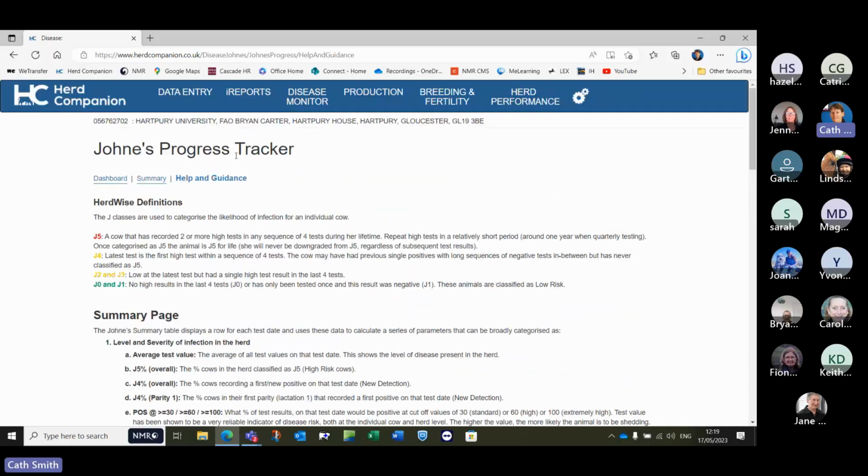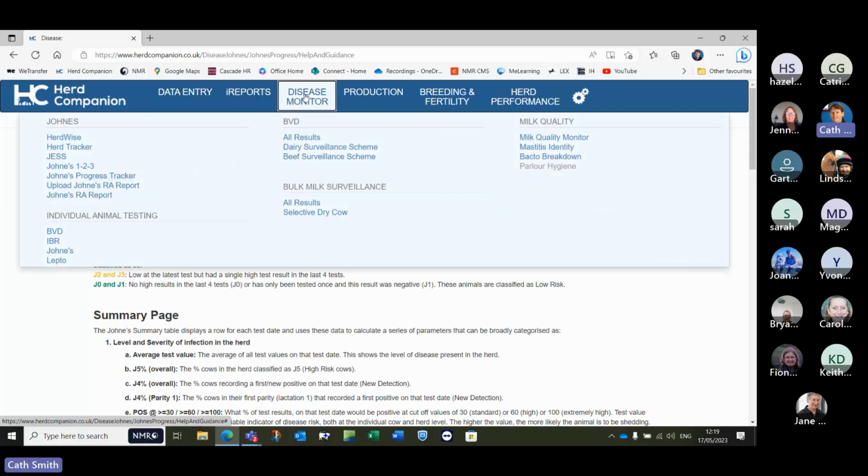So it's only herd-wise that you've got the progress, because we're storing all of that data. We can draw out long-term trends. Any other disease, Johne's testing, there is herd tracker, which is a 30 cow screen. We've got Johne's 1, 2, 3 now, which is once, twice, or 3 times a year. So those values are very much on the fly, ad hoc as they go.